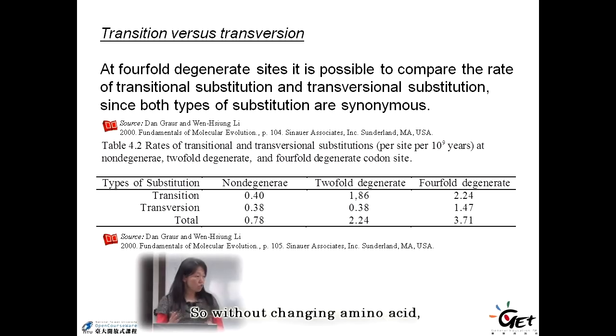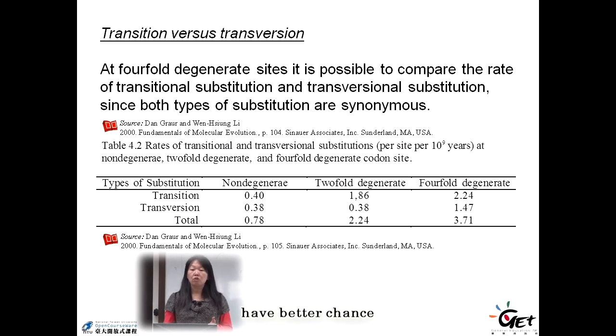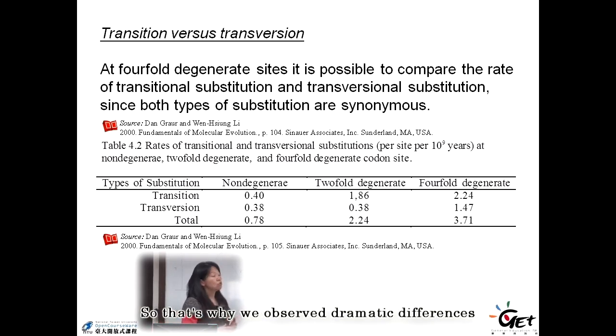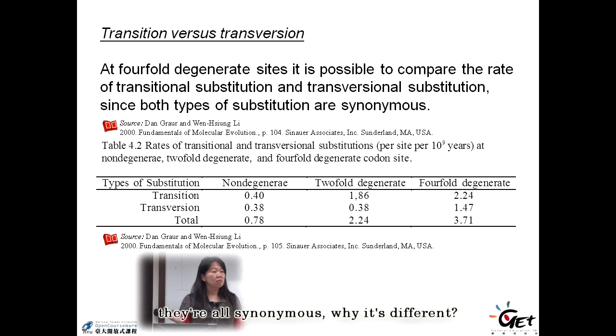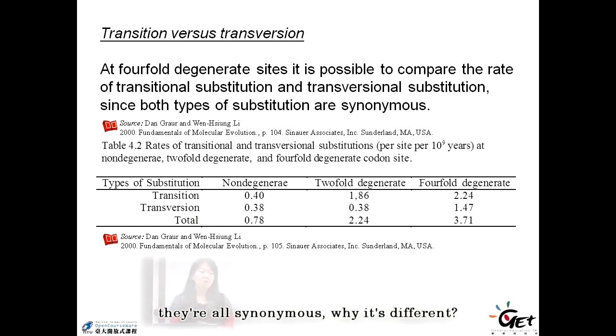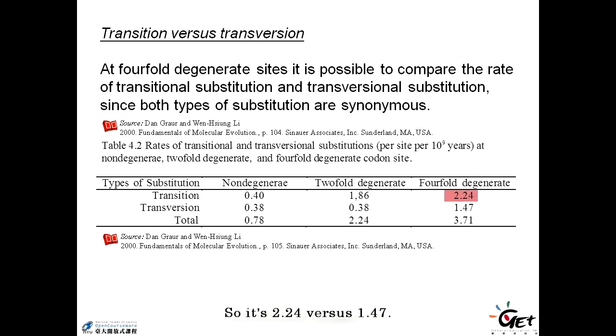So without changing the amino acid, they have a better chance to be preserved in the sequences. That's why we observe a dramatic difference at 2,4 degenerate sites. Then the second question, I hope we can get an answer: why at the 4,4 degenerate site, where they are all synonymous, is it different? So 2.24 versus 1.47.